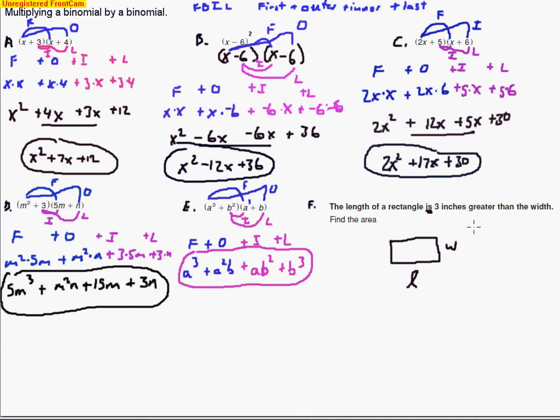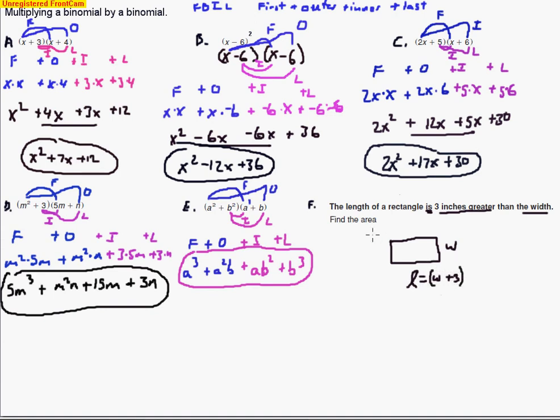So L equals 3 inches greater than the width. That means that if I have the width, I would add 3 inches to that. And that would give me the length of the rectangle. So instead of using L, let's just use this expression right here, w plus 3.